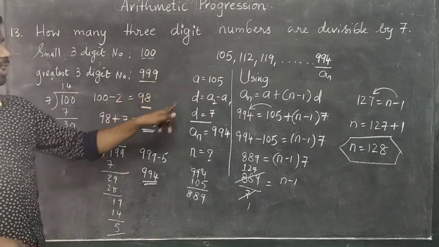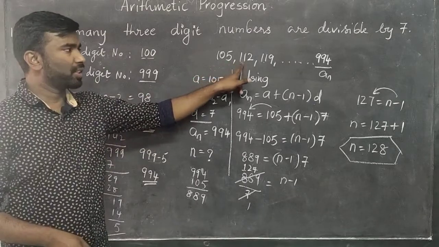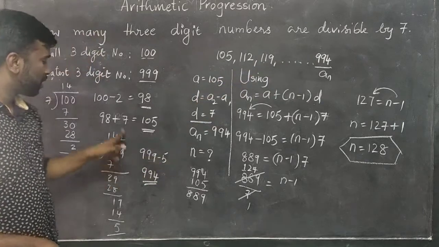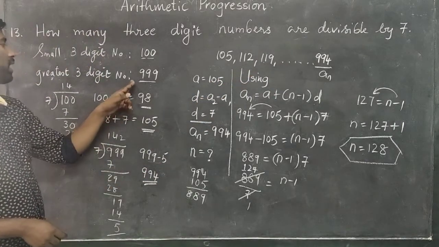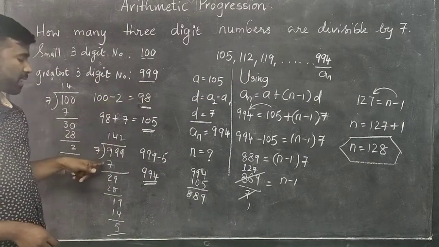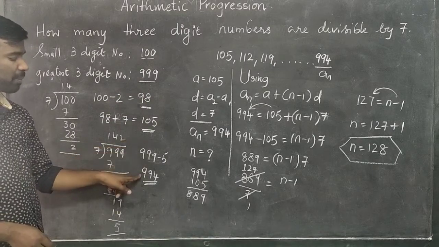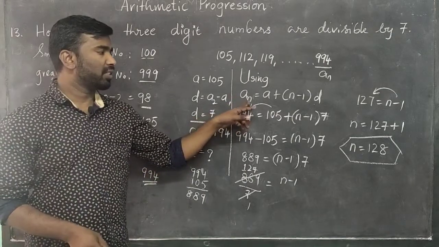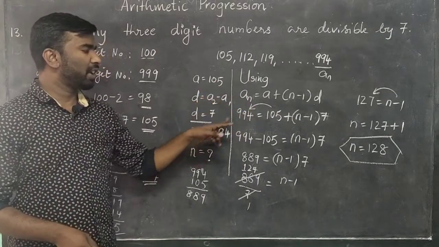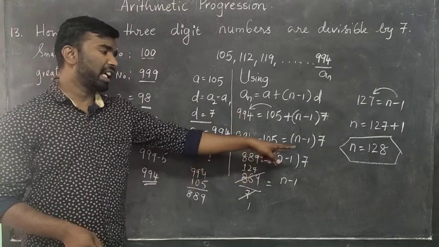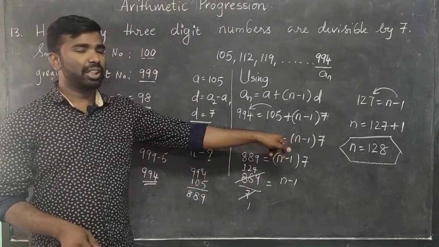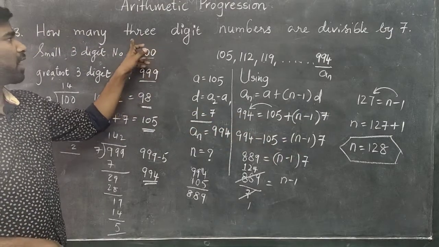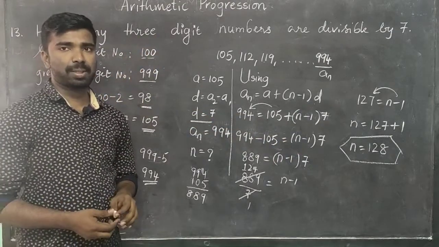To get the next term, keep on adding 7. Divide the greatest 3-digit number by 7 and subtract the remainder. We get 994. Then, using the nth term formula, substitute all the given values. We get n as 128. This is the number of 3-digit numbers divisible by 7.